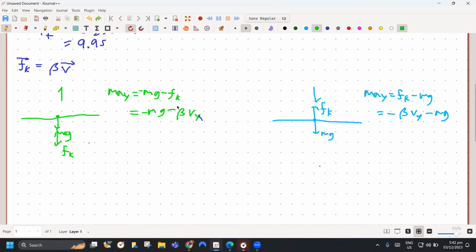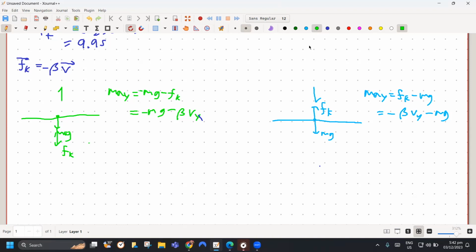Ang ipinag-uusapan ko yung vector equation for the friction, yung naka-blue. So, dapat may minus sign yan para mag-match. So, the drag force is negative beta V. Beta is a positive constant, v is the velocity.